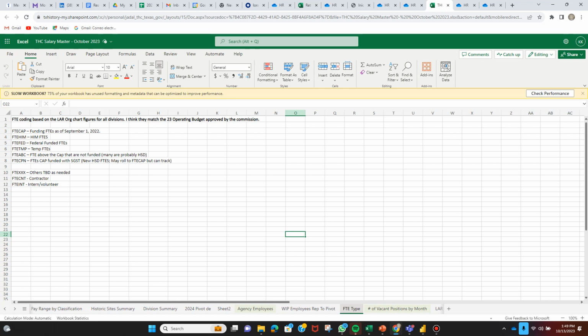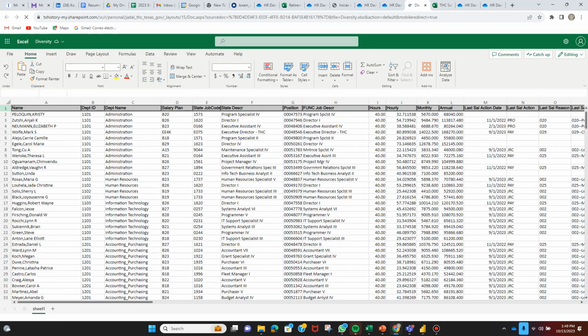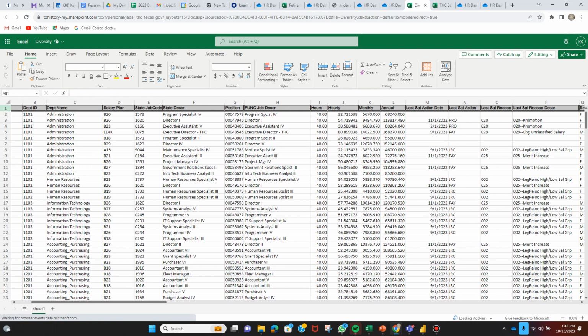If you look in that folder, you'll see something that says, let's see. Oh, I guess I didn't put it in there yet, but I have a spreadsheet that has everything on it, like diversity. Actually, it may be on that diversity one. Yeah, I think I renamed it just to remind myself.